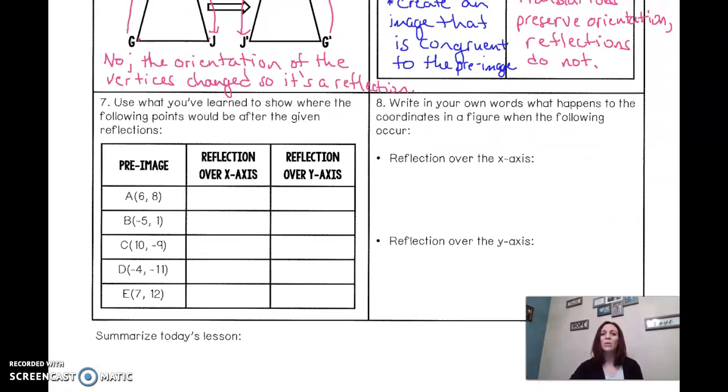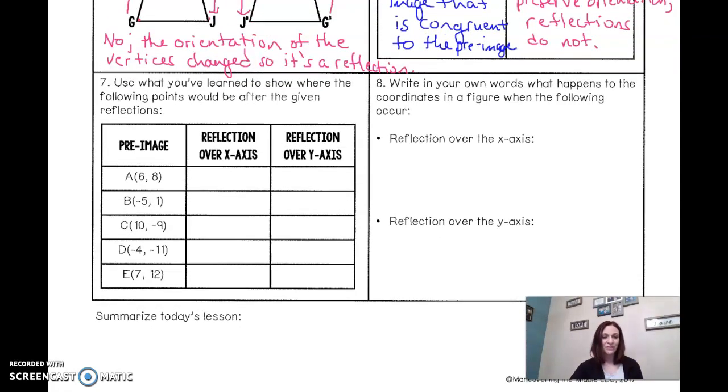All right, a couple more examples. It says use what you've learned to show where the following points would be after a given reflection. If we reflect over the x-axis, the y values become their opposite. So our x stays the same and our y changes.